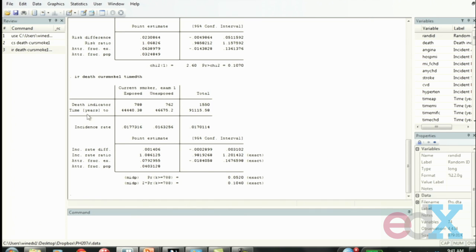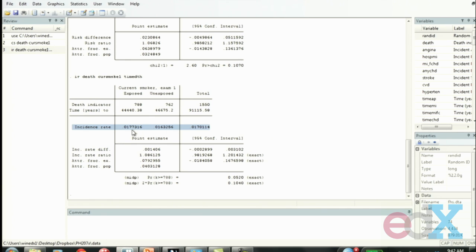Now the second row is a little bit different. This is time in years. So this is our person time variable. So we can see that there were roughly 44,000 person years among smokers and 46,000 person years among non-smokers. Then to get the incidence rate, we're going to go to this last row of this top table.